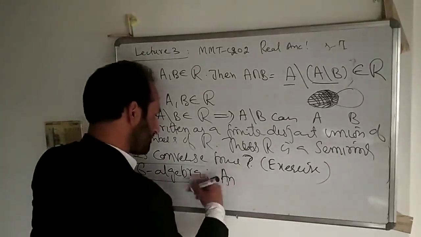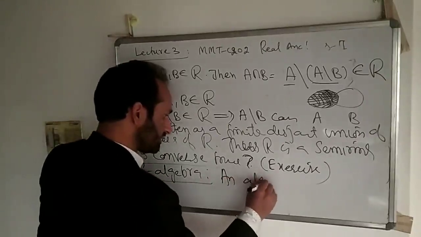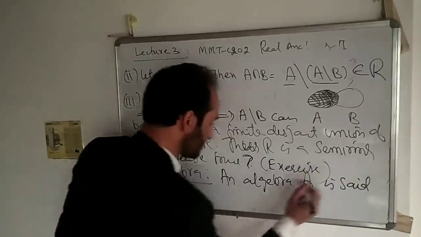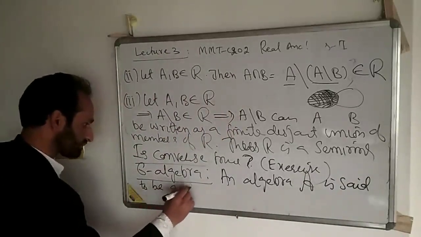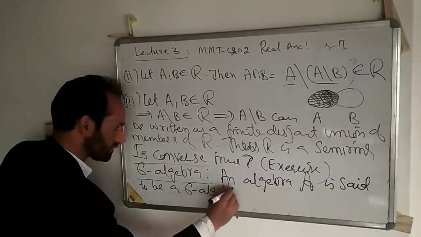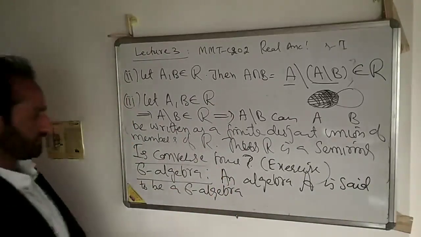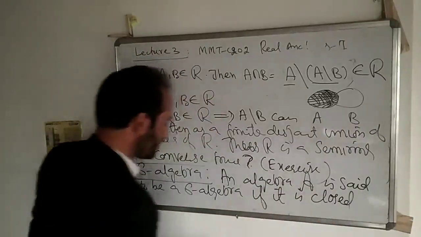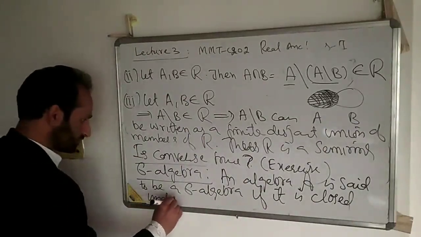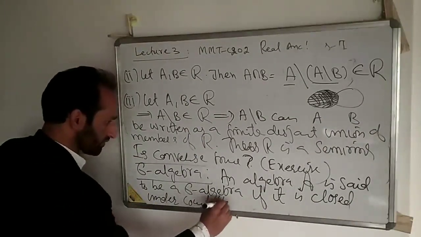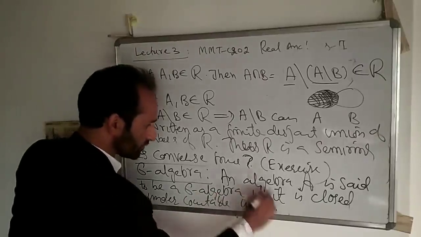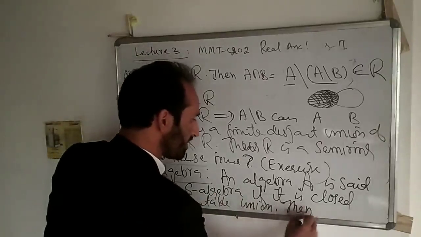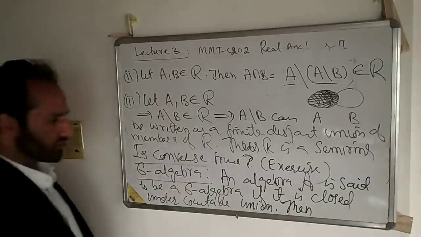First it's an algebra, and an algebra A is said to be a Sigma-Algebra if it is closed under countable union. Closure under countable union means if we choose any countably many members of A, then their union should be in A.